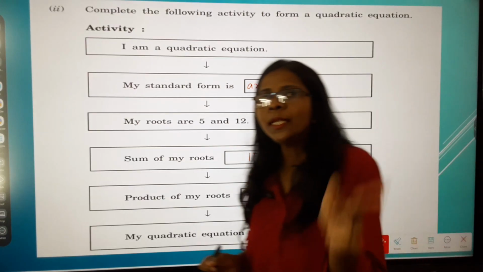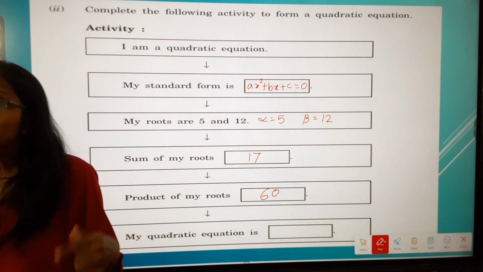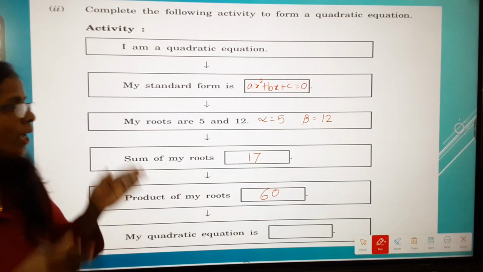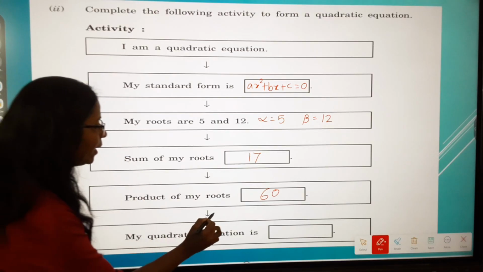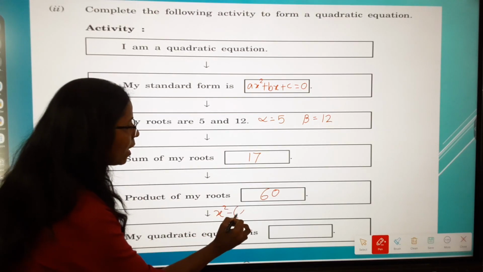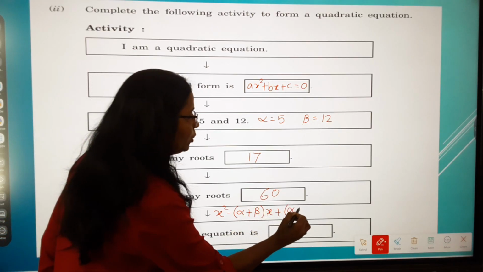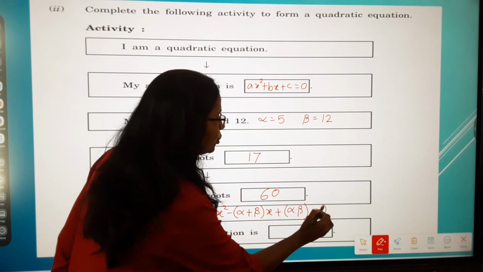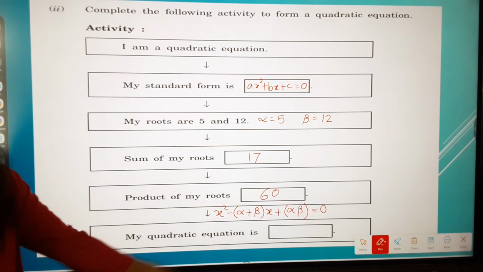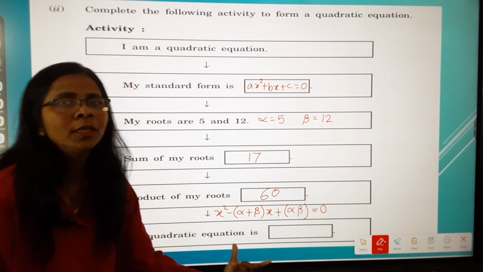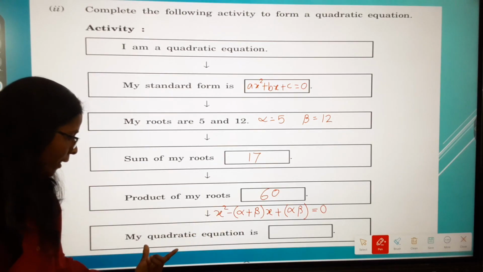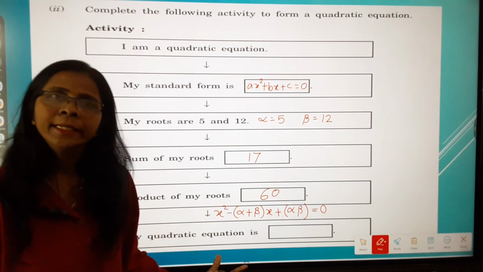If you know the formula only then you can write, otherwise you cannot write. So what is the formula? The formula is x square minus alpha plus beta multiplied by x plus alpha into beta is equal to 0. Okay, this is the general formula to form the quadratic equation.